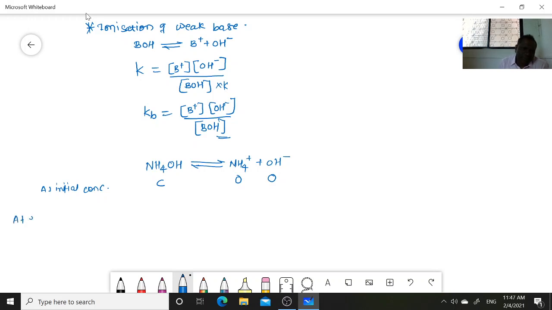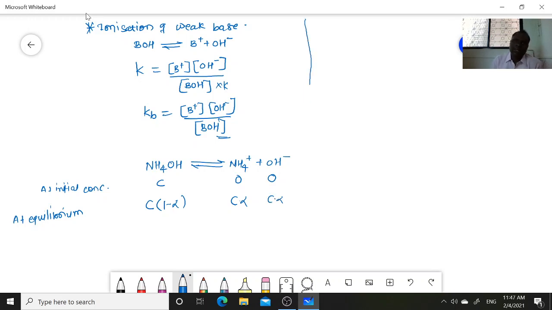At equilibrium, some of the NH4OH will be dissociated, so it will be C into 1 minus alpha, where alpha is the degree of dissociation, and the NH4 plus concentration will be C into alpha, the concentration multiplied by the degree of dissociation. The OH minus concentration will again be C into alpha.